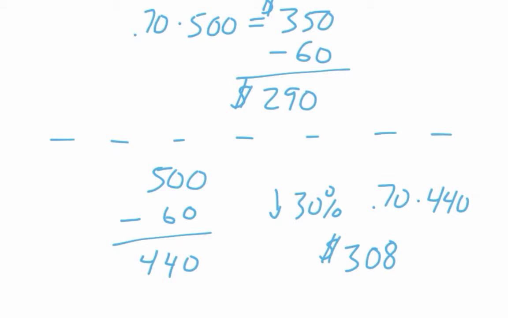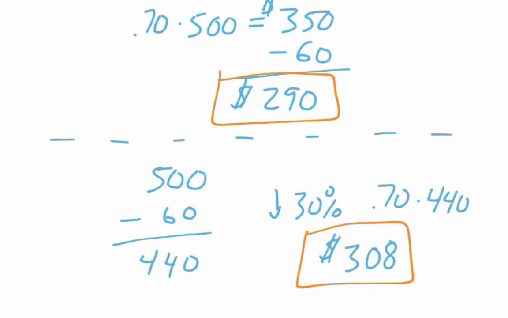So you'll notice this time we get something different. If we do the 30% off first, it costs us less. It only costs us $290, where if we do the 30% after the $60 off, we have to pay $308.